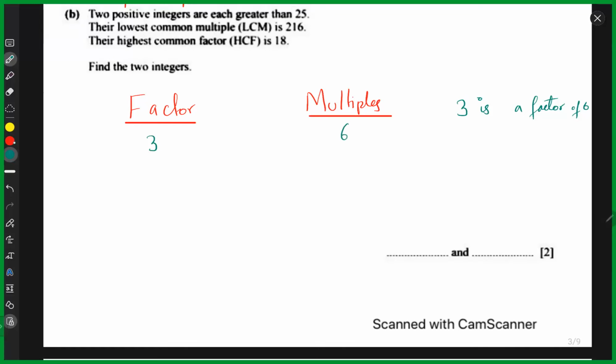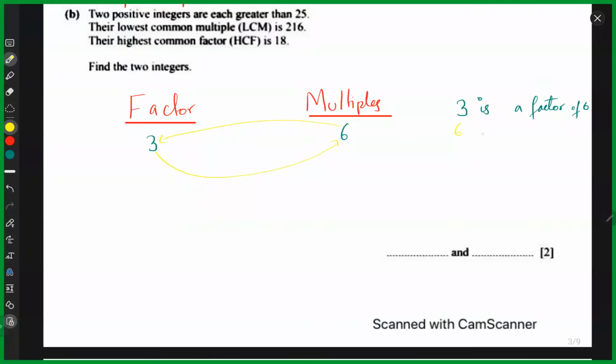So what is the relationship? 3 is a factor of 6 and 6 is a multiple of 3. This is basically the relationship between a factor and a multiple. For instance, if I say 2 is a factor of 10, that makes sense. I can divide 10 by 2. That is why 2 is a factor of 10. But 10 is a multiple of 2.